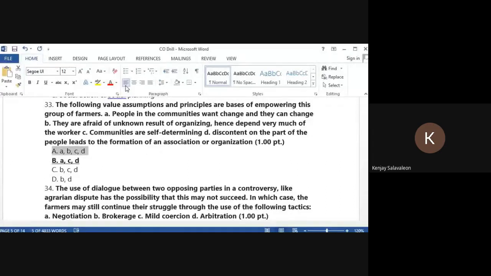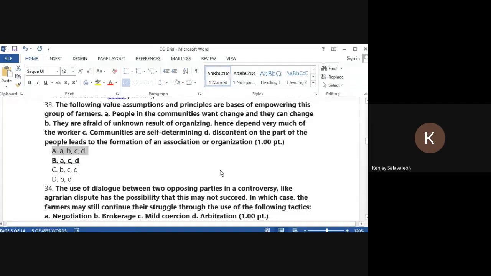Because B, they are afraid of the unknown results of organizing, hence depend very much on the worker. Again, I might read to you the assumptions, okay? Para maliwanagan talaga. So what are the assumptions of CO? Number one, changes in which individuals, groups, and communities determine their own destiny in a democratic process. Number two, readiness to change is a variable which affects the potential and rate of the community change obtainable at a given time. Three, skills in participating in democratic process can be taught and learned by individuals and groups.